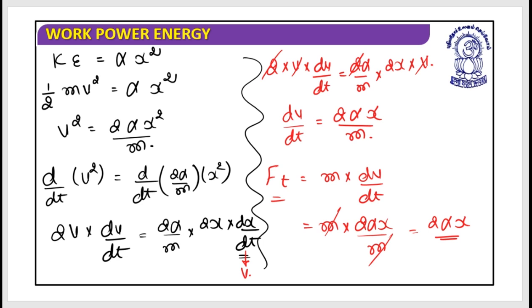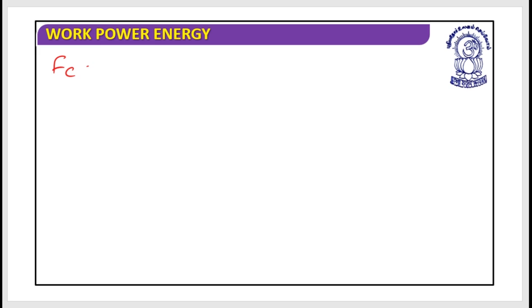Now it's time for the radial acceleration and the radial force Fc. That would be equal to m into a c, or I should write it as m into v square by r. So mv square by r. How could I do this? Look at this. Initially this should come to the back of your mind. Kinetic energy was given, that is alpha x square.